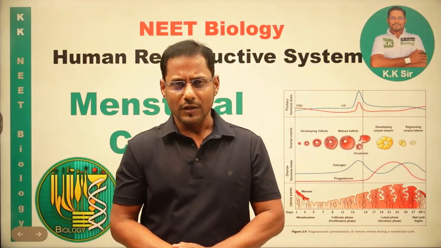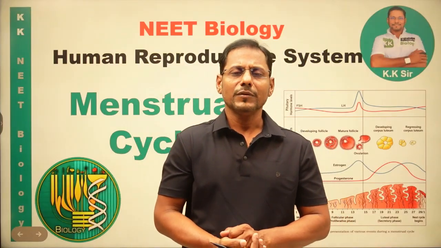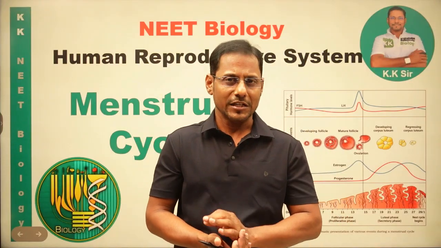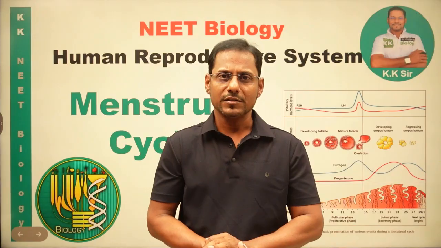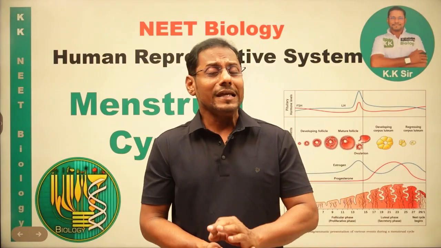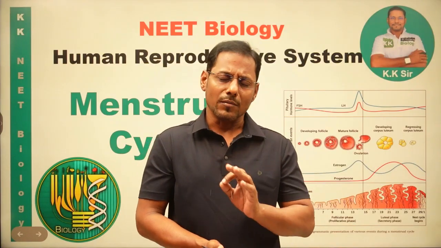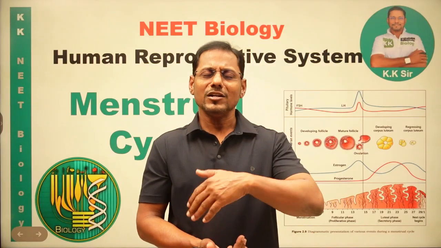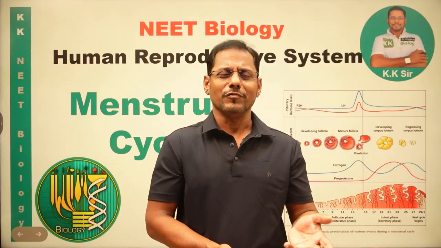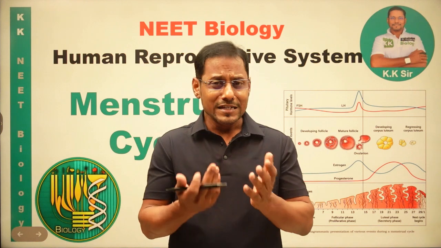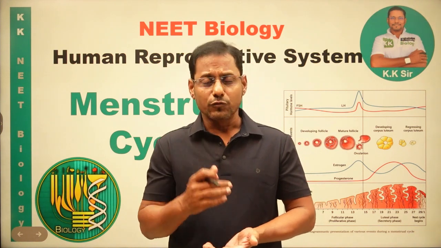So what is the need of all these things? If fertilization takes place, the growing embryo needs oxygen and food, and it is going to excrete some excretory material, including carbon dioxide.